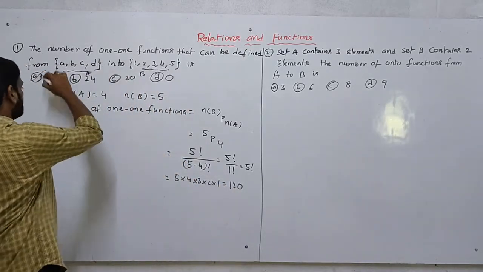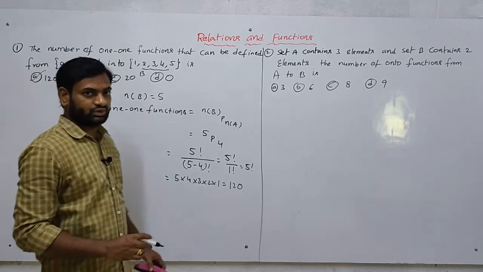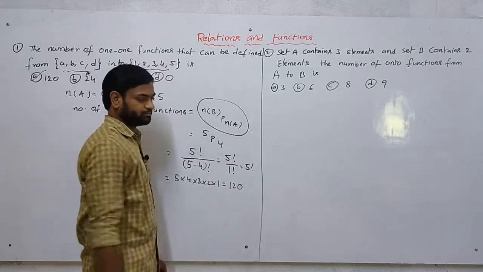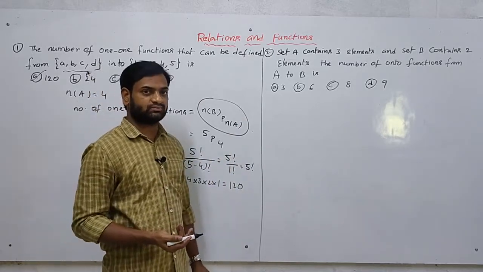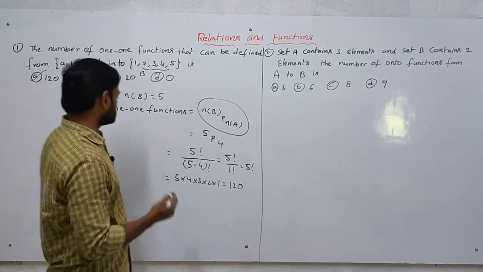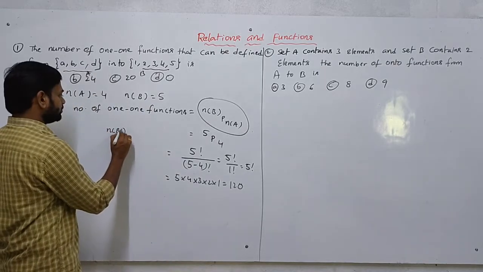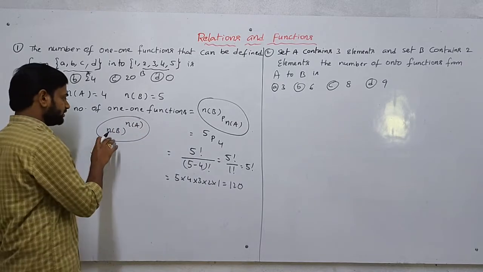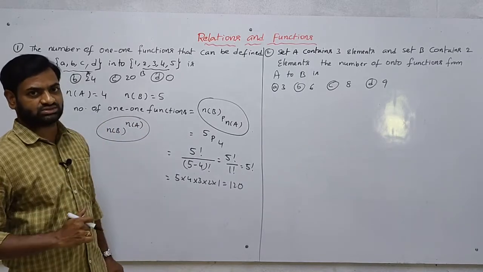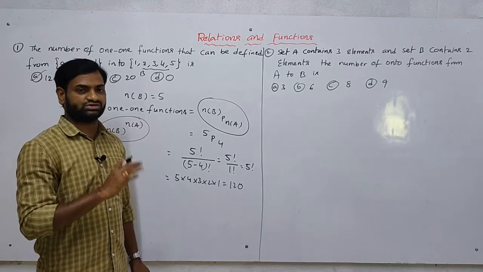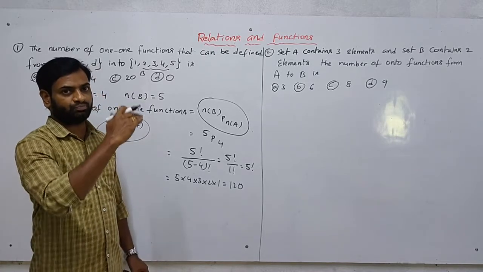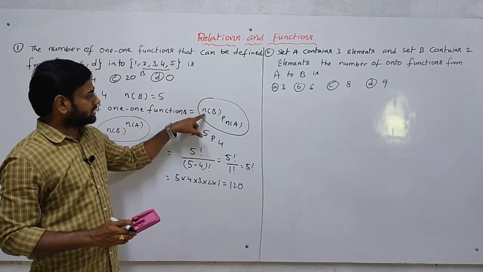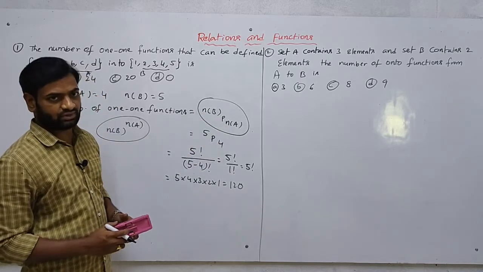So, answer is option A. The number of one-one functions formula is n of B P n of A. For the total number of functions, the formula is n of B whole power n of A. For one-one functions, the formula is n of B P n of A. Remember that.